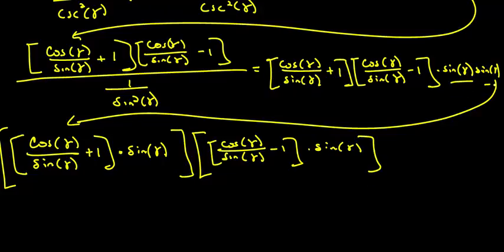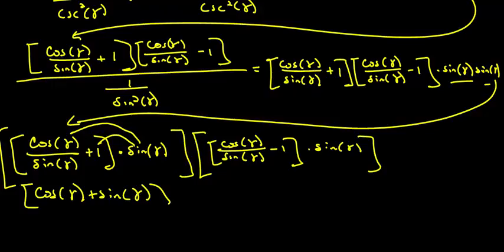So I took my two sines and I put one with each of them. Now I have to distribute because there's addition or subtraction in between. So now this guy's got to go into here and into here. And that's when I get just cosine gamma plus sine gamma here for the first guy. And for the second guy, I'm going to get cosine gamma minus sine gamma, like that. And then you can proceed on with the remaining part of the argument.